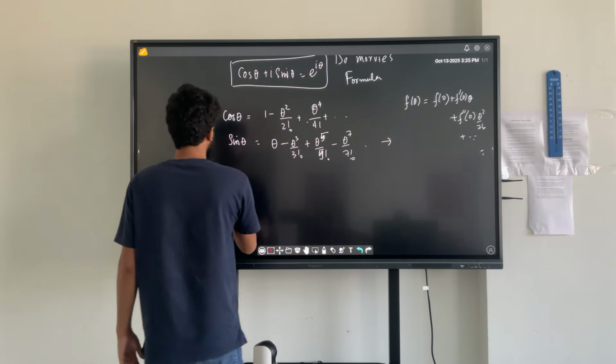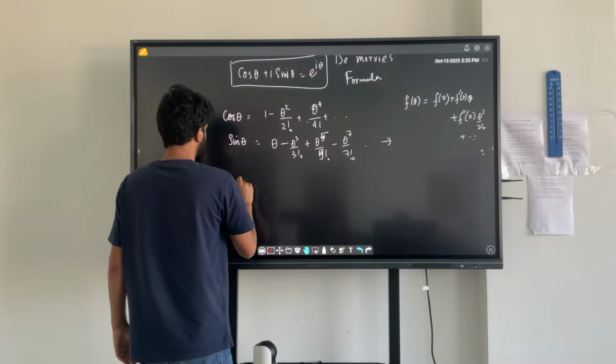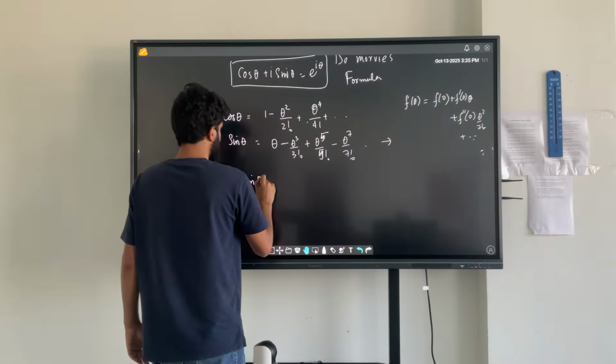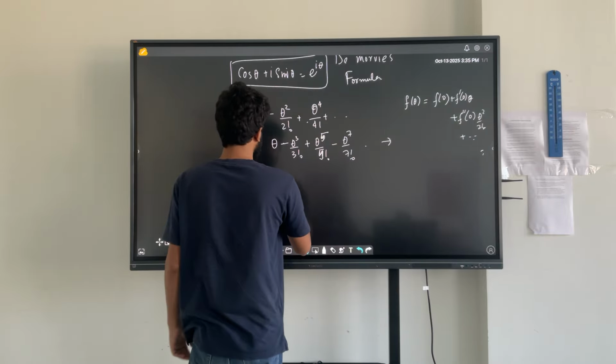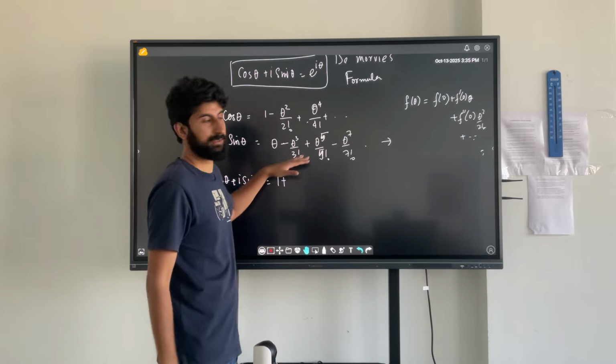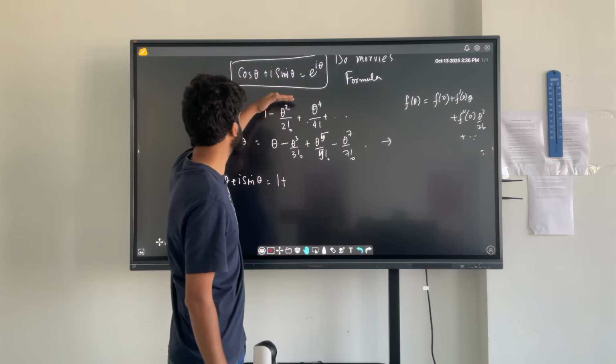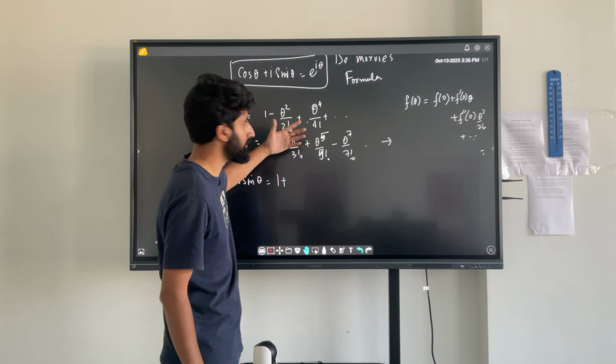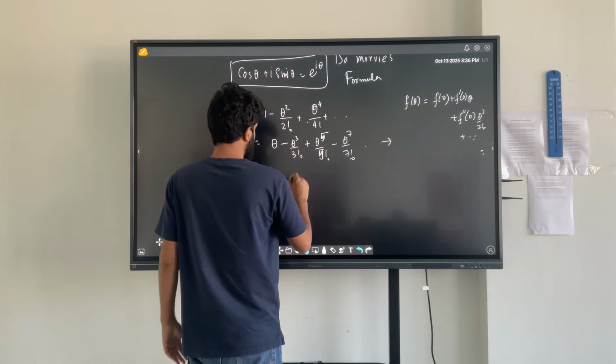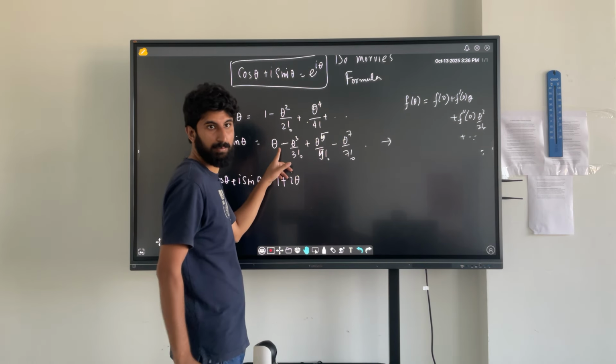Okay, what is then cos theta plus i sin theta? It is 1. I'll write the increasing powers of theta. This contains even powers, this contains odd powers. So when I add, what do I get? 1 plus i theta, right? Power 1.